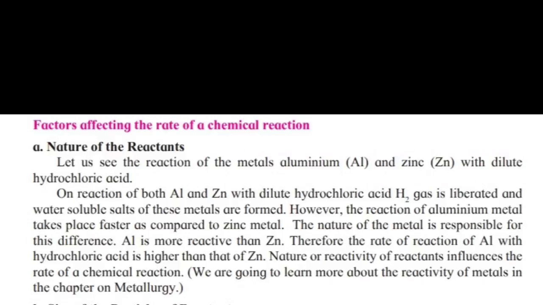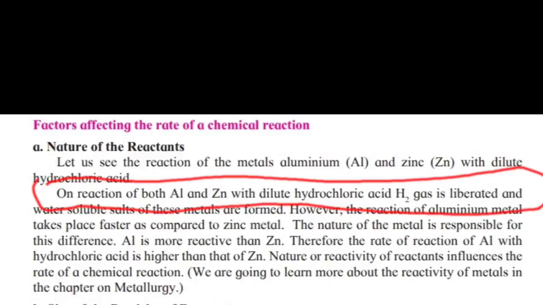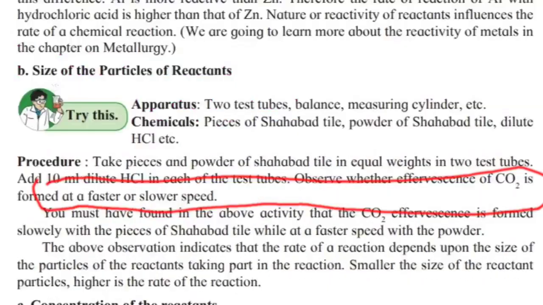However, the reaction of aluminium takes place faster than zinc. The nature of metal is responsible for this difference. Aluminium is more reactive than zinc. Therefore, the nature of reactivity of reactants influences the rate of a chemical reaction.